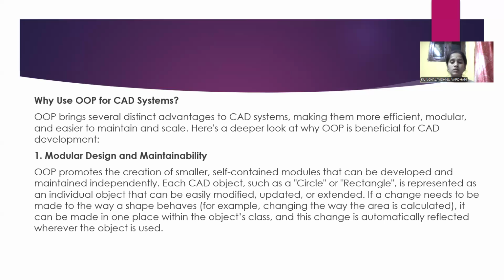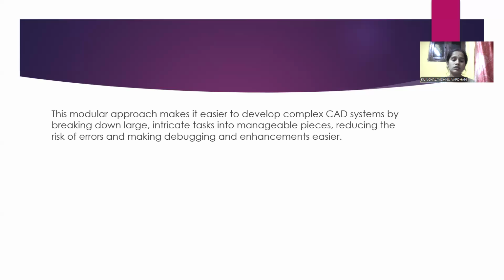Each CAD object, such as a circle or rectangle, is represented as an individual object that can be easily modified, updated, or extended. If a change needs to be made to the way a shape behaves, for example, changing the way the area is calculated, it can be made in one place within the object's class, and this change is automatically reflected whenever the object is used.